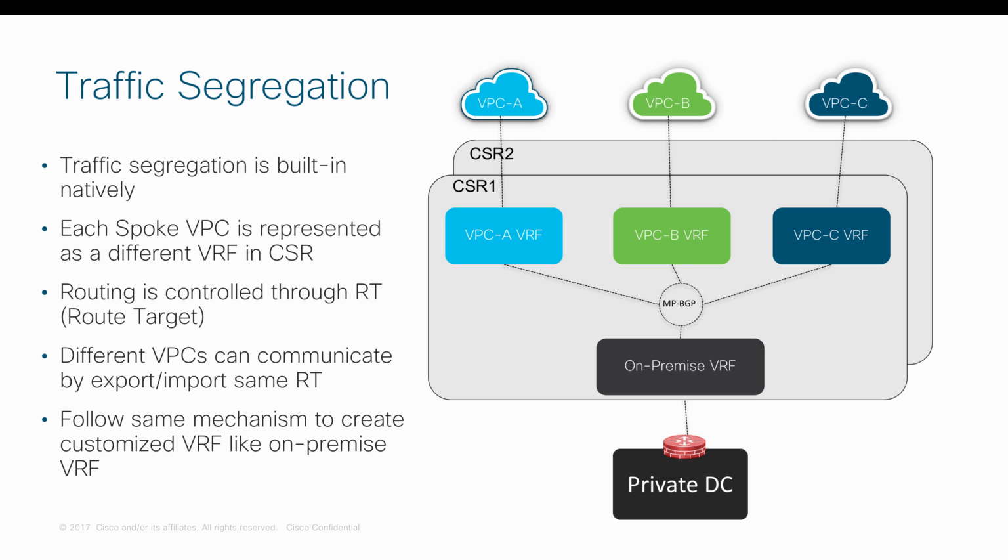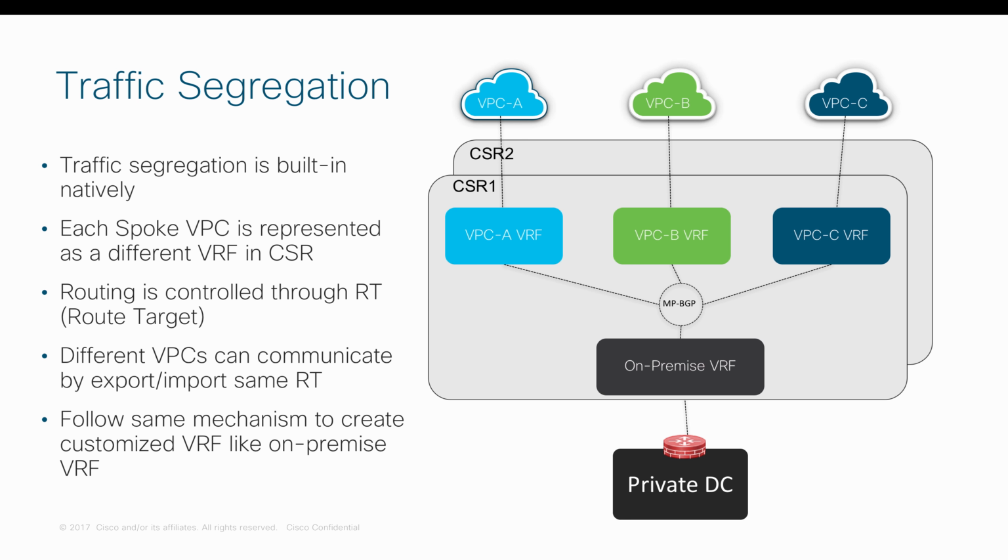If you want to control the route leaking, you basically say, okay, I don't want my partner C to access A and B, so C can just import a different route target, and that will make C unable to access A and B.